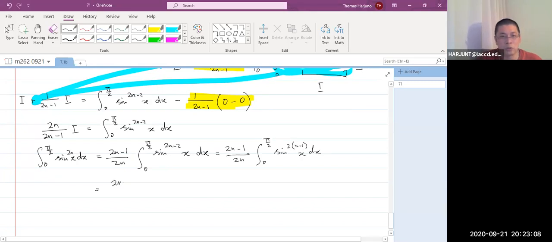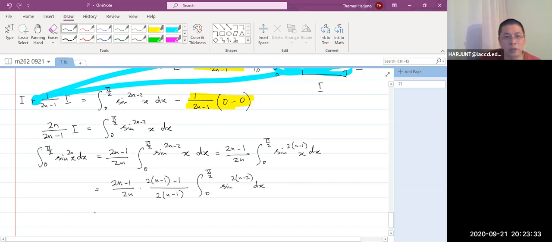So that is 2n minus 1 over 2n times 2 times n minus 1 minus 1 over 2 times n minus 1 times the integral from 0 to pi over 2 of sine to the 2 times n minus 2 dx.